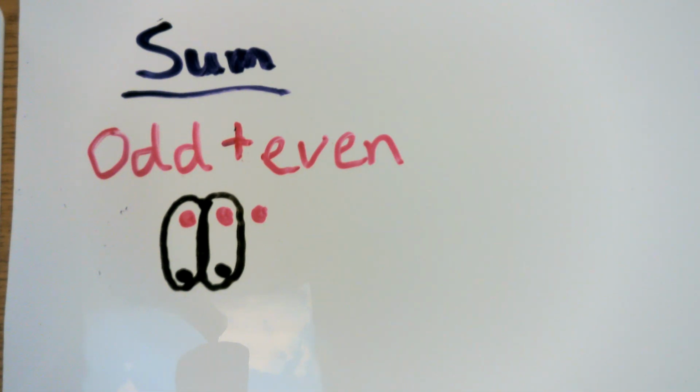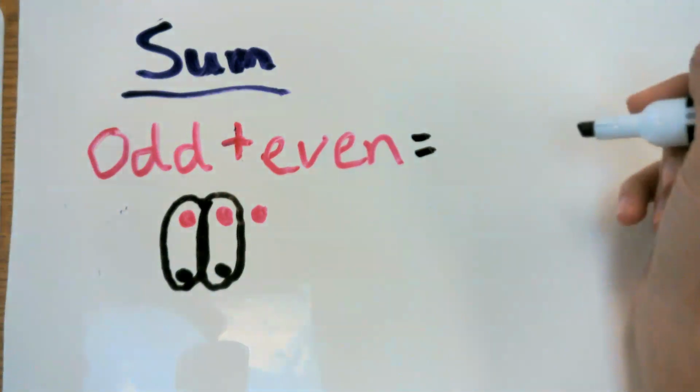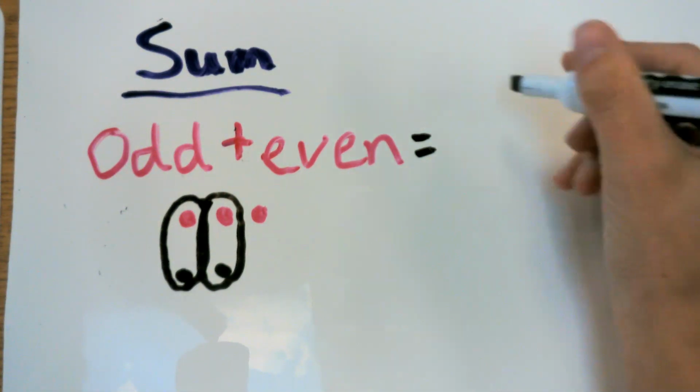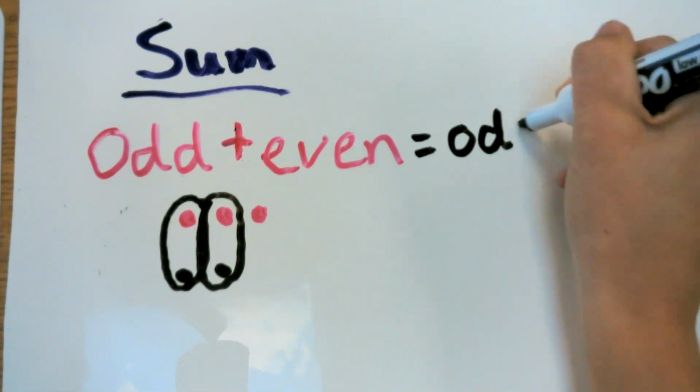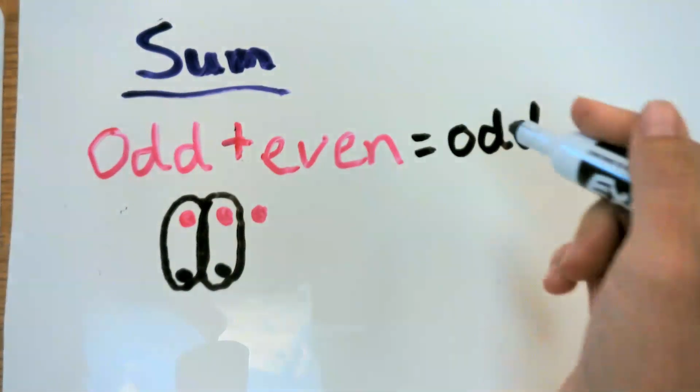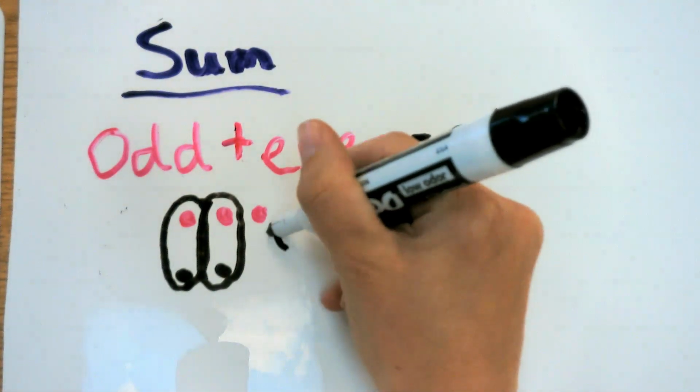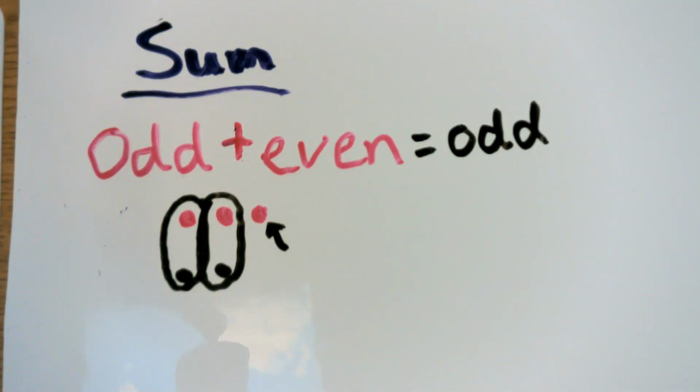So therefore, our result, when we add an odd plus an even, is going to also stay odd, or an even plus an odd will be odd, because of this little extra unit that came from the odd number. So go ahead and pause. Feel free to get whatever you need written down on your grapple. And as soon as you're ready, go ahead and start the video again and turn your page to the back side where we're going to be looking at products.